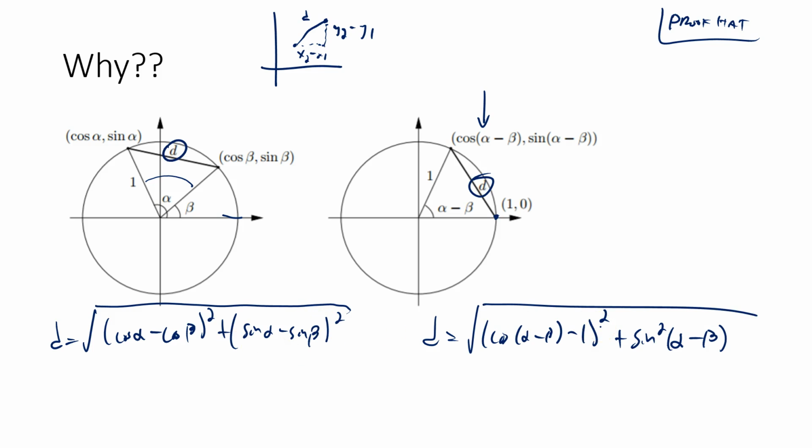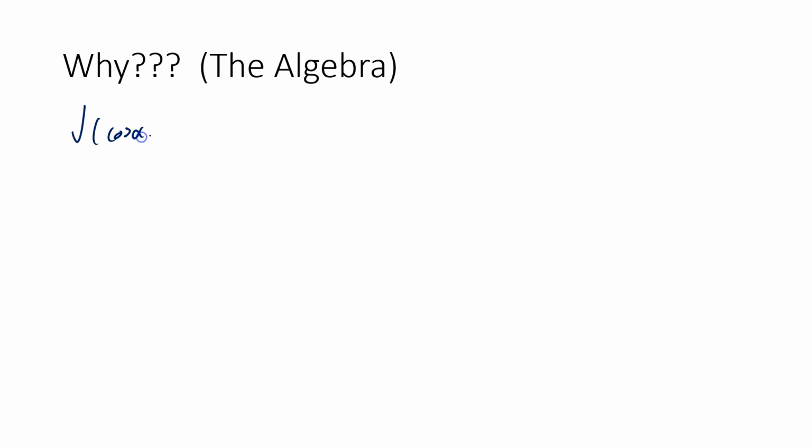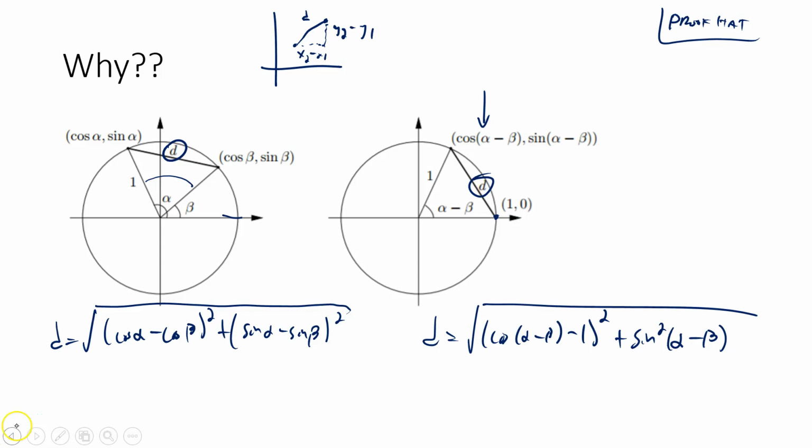So now we're going to take these and do a little bit of algebra on the next page. I'm going to have to make sure I get those copied right. So I know that the square root of cosine alpha minus cosine beta squared, plus sine alpha minus sine beta squared, has to be equal to that same distance over here.